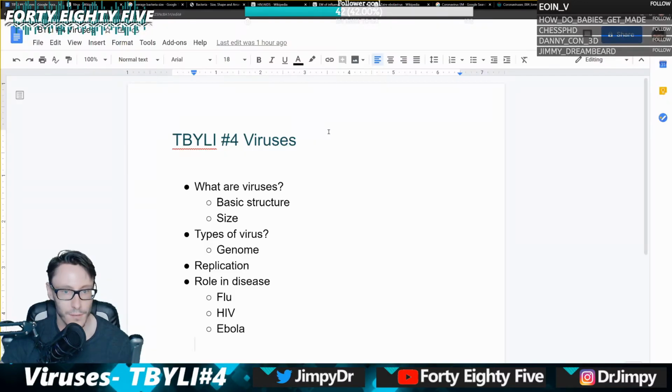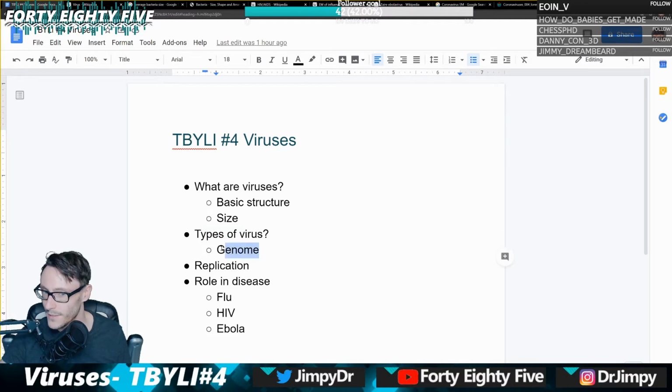As per usual, we've got the Google Docs out, and just a little structure for tonight. I'm going to be telling you what viruses are. We'll go through their basic structure, their size. Different types of viruses, which is mainly determined by their genome and their genetic material. We'll talk about their replication, which is really important.